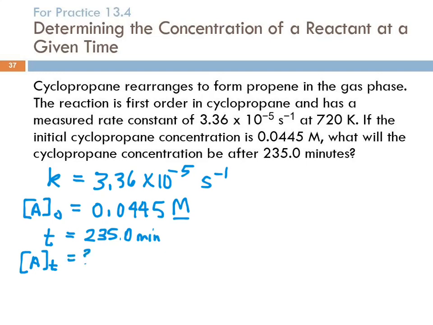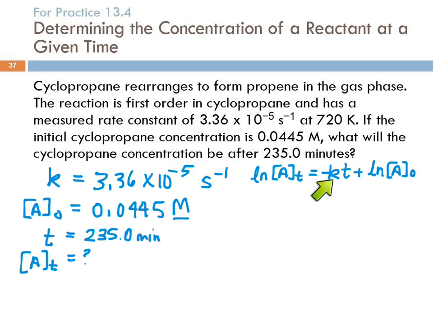This is a first order reaction, and we just learned about the integrated rate law. It looks like we have most of the pieces we need. The integrated rate law was the natural log of A at time t is equal to minus kt plus the natural log of the initial concentration.